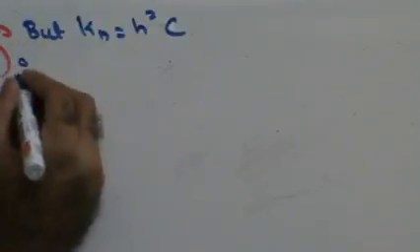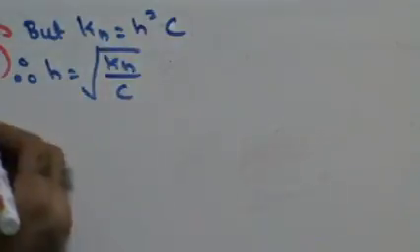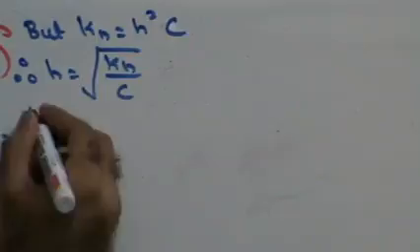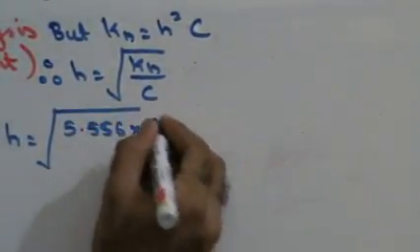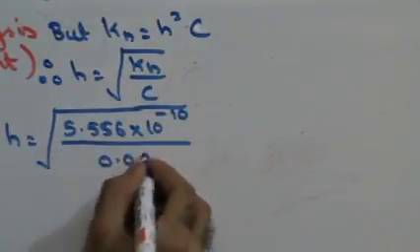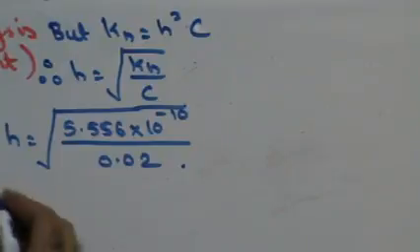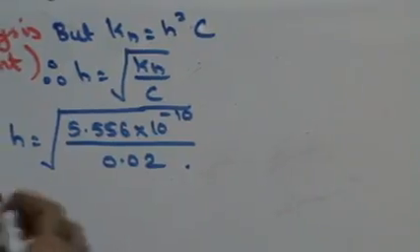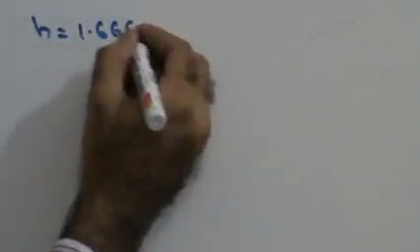Therefore, h is the square root of Kh upon C. You found Kh as 5.556 into 10 raised to minus 10, and C is given to you as 0.02. When you solve this, your degree of hydrolysis will be 1.666 into 10 raised to minus 4.